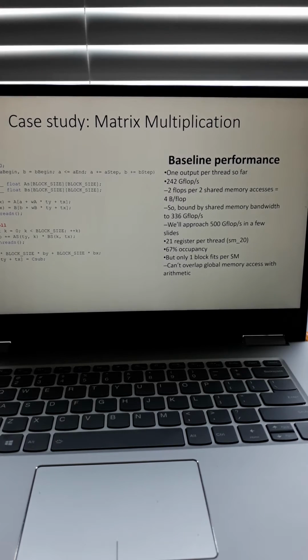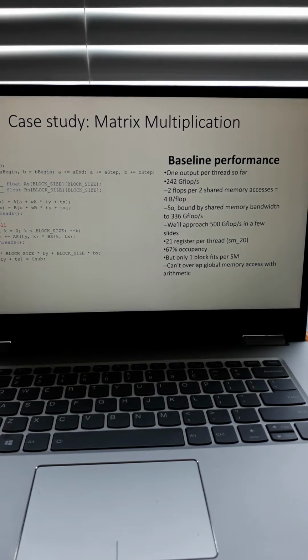Now let's look at a case study, matrix multiplication. We have taken two matrices, and this matrix multiplication was performed on a GTX 480 GPU. The size taken was 1024 by 1024.